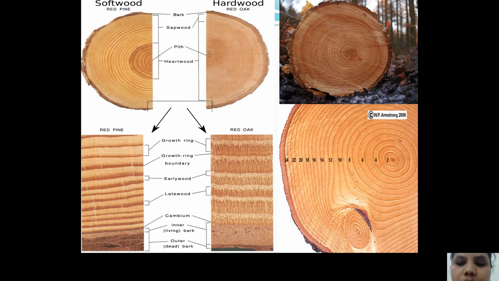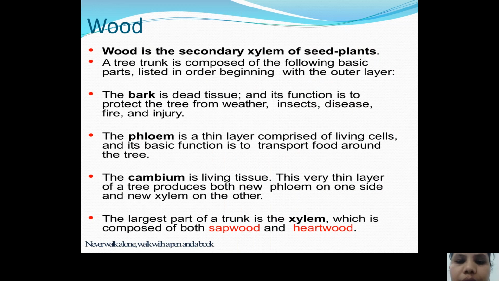Now, let's look at the wood. The wood is produced in the secondary growth activity of the plant stem. Now, the wood is the secondary xylem of the seed plants. Now, a tree trunk is composed of the following basic parts listed in order beginning with the outer layer.